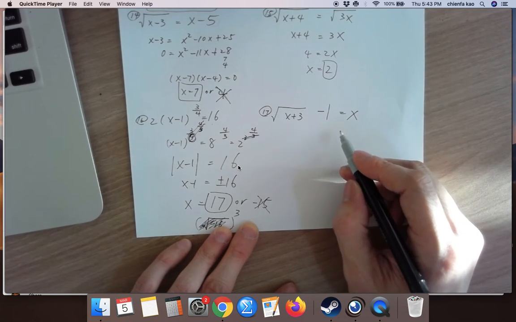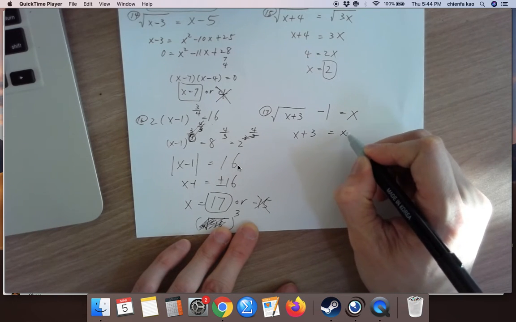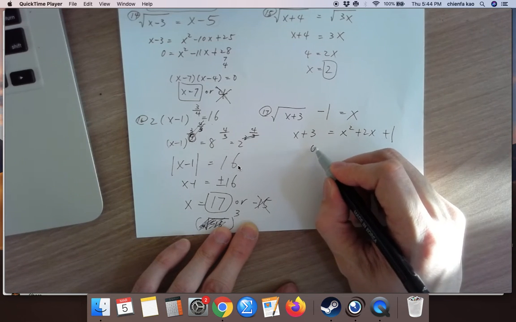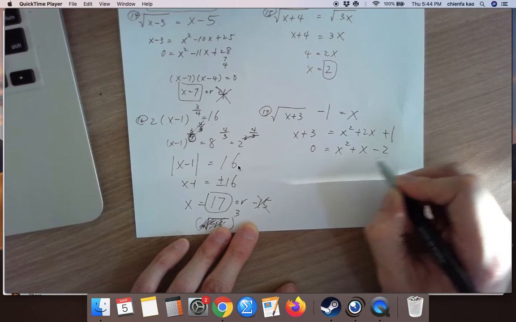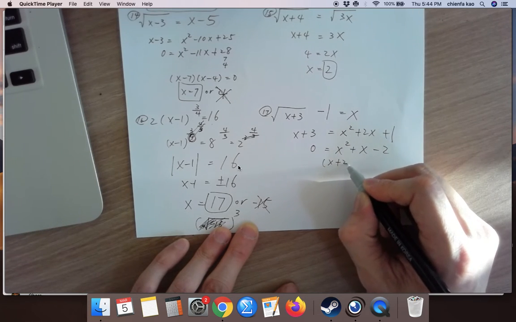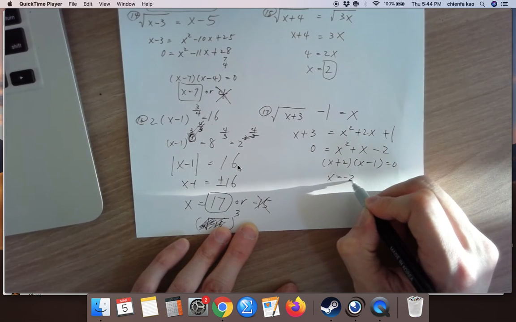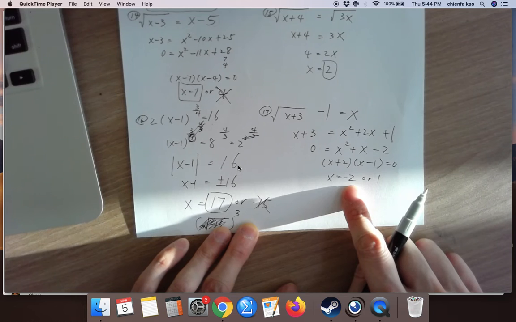Move it to the other side, square both sides. Combine, move some numbers around. Make sure you double check.